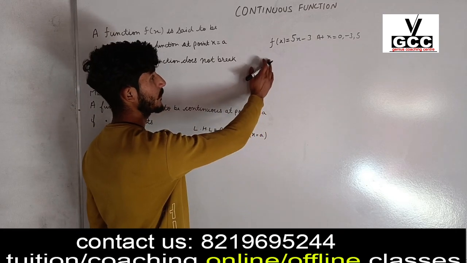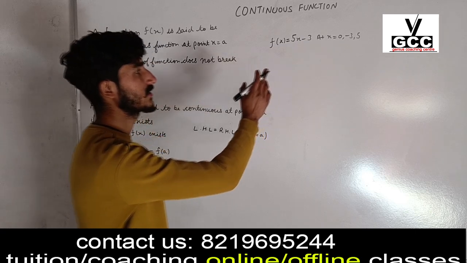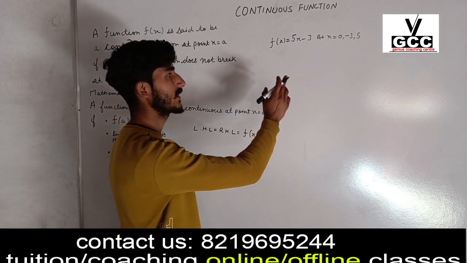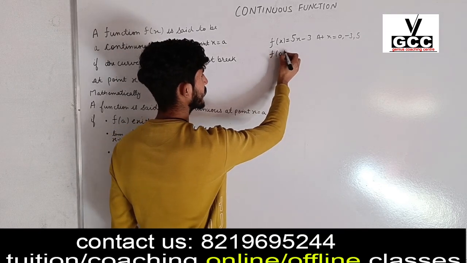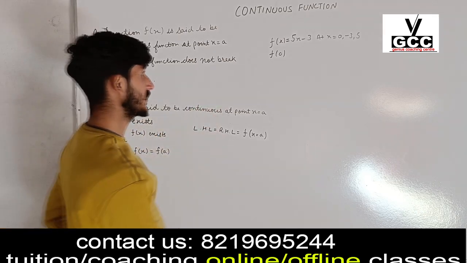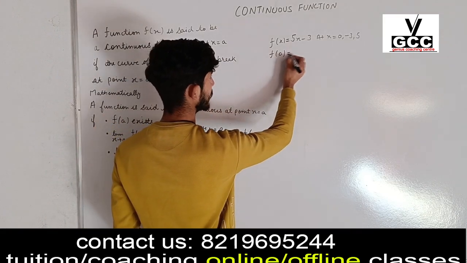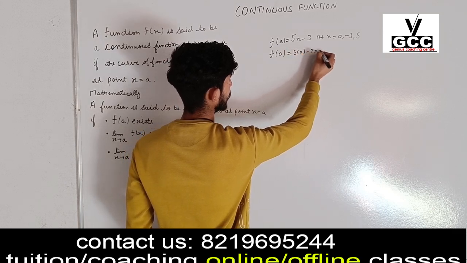Now we have an example, f of x equal to 5x minus 3. We have to check whether the given function is continuous at x equal to 0, minus 3 and 5. So firstly we have to find f of 0. f of a exists, so a is 0, f of 0 is equal to 5 into 0 minus 3, which is equal to minus 3.